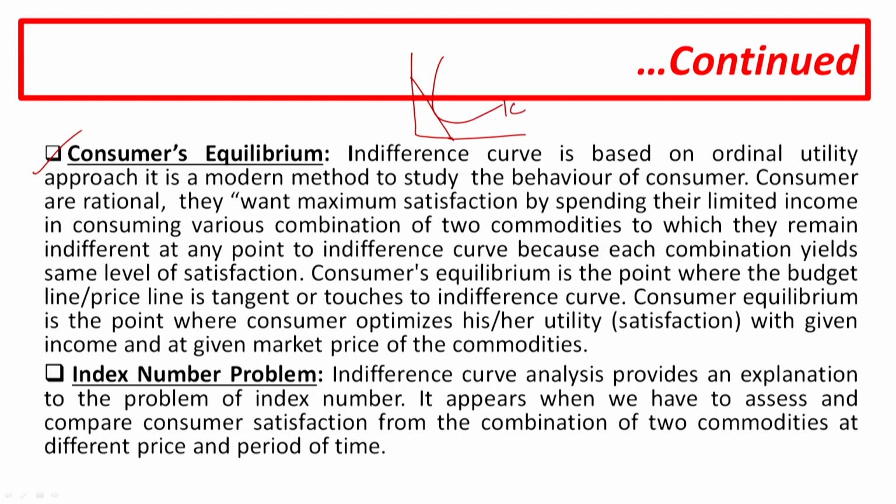This is your indifference curve, AB is your price line and this point E is your equilibrium point, denoting you are consuming this much of commodity Y and this much of commodity X, and the consumer is getting the maximum satisfaction. So, with the help of indifference curve, you try to locate the equilibrium of the consumer, because the behavior of the consumer is rational in nature.